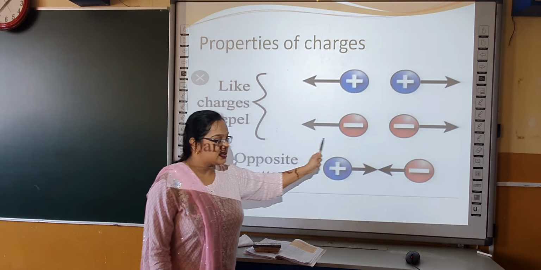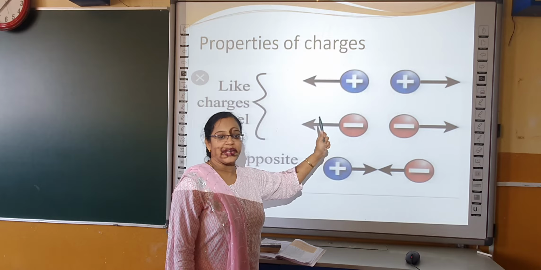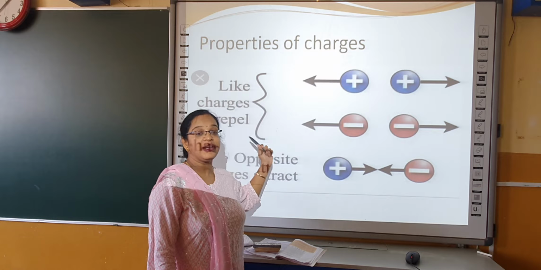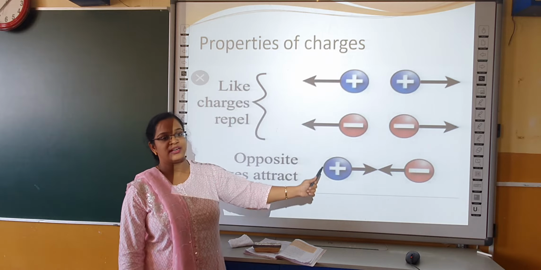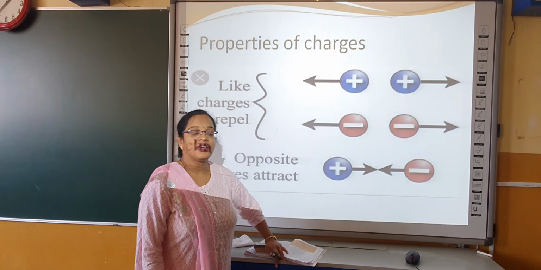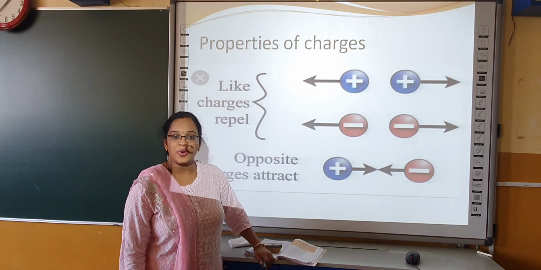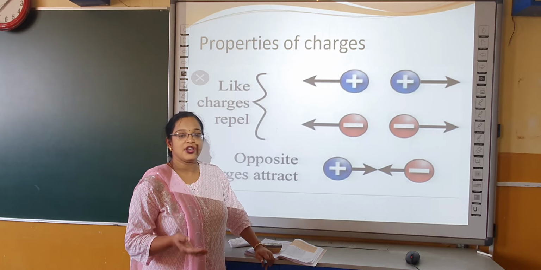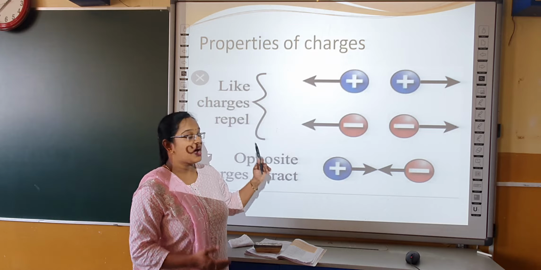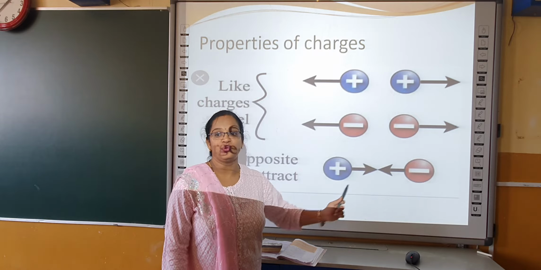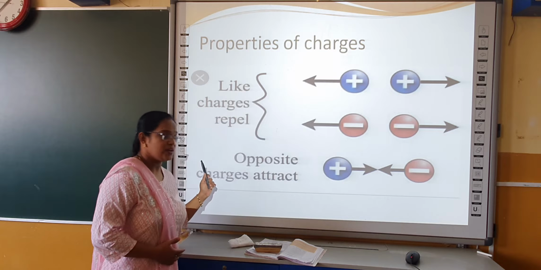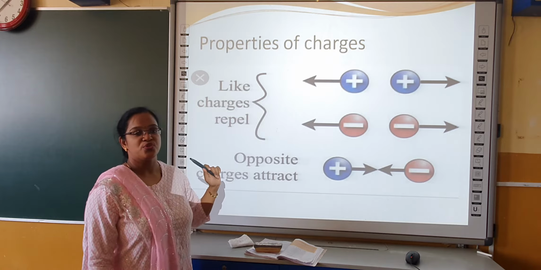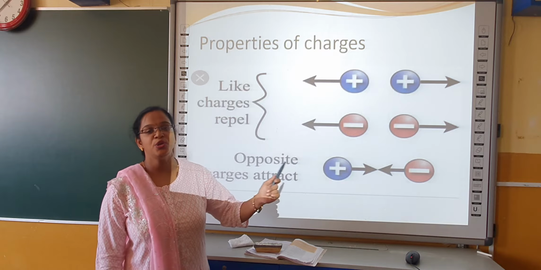Negatively charged particles, electrons, move from one place to another in a conductor. What do you mean by conductor? Materials are classified into two groups, conductors and insulators. Conductors are those which allow electrons to move, or allow the current to pass through them.